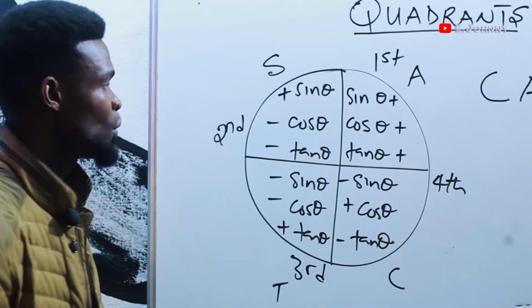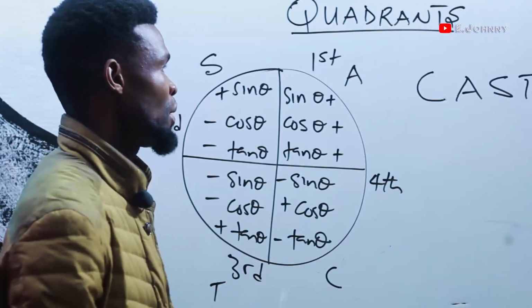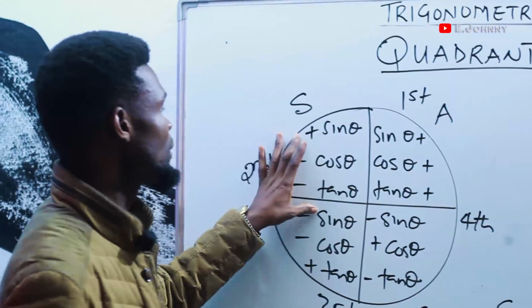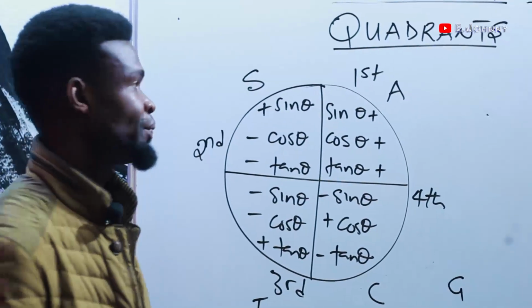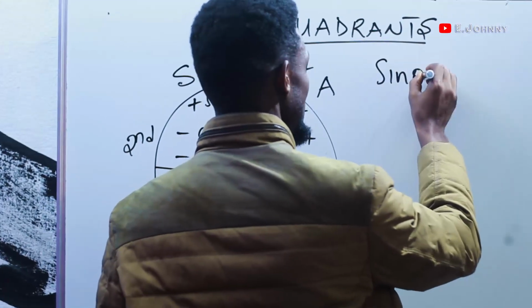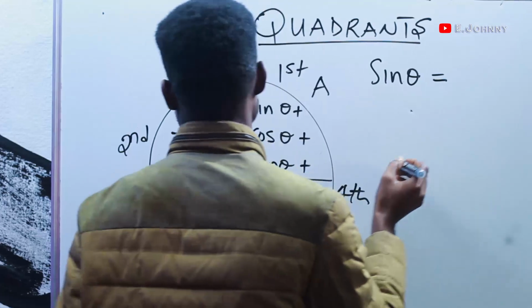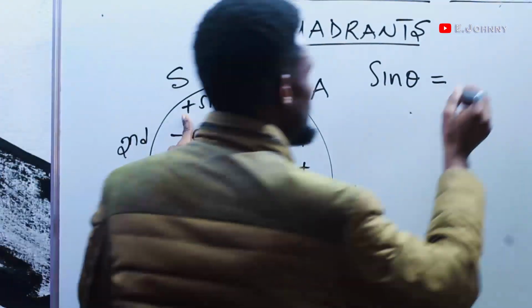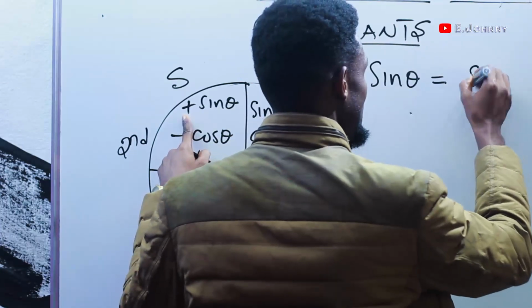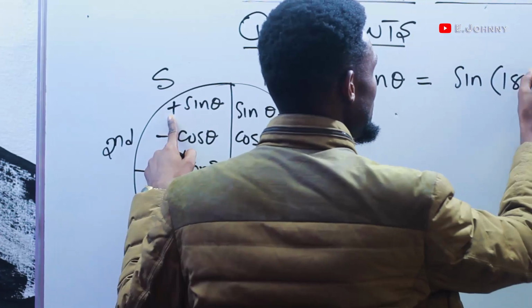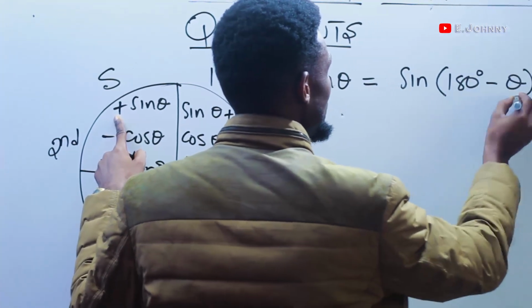Now let's proceed to the next thing we need to know about quadrants. So now let's look at the second quadrant. In the second quadrant, we say that sine theta is equal to, in the second quadrant sine is positive, so you have plus sine into 180 degrees minus theta.